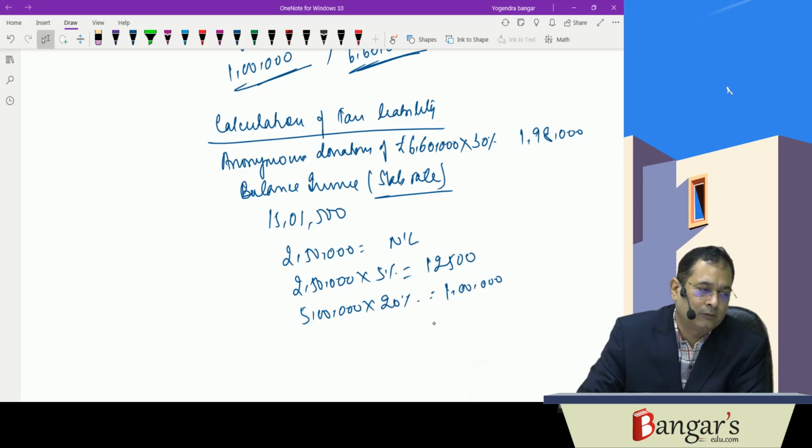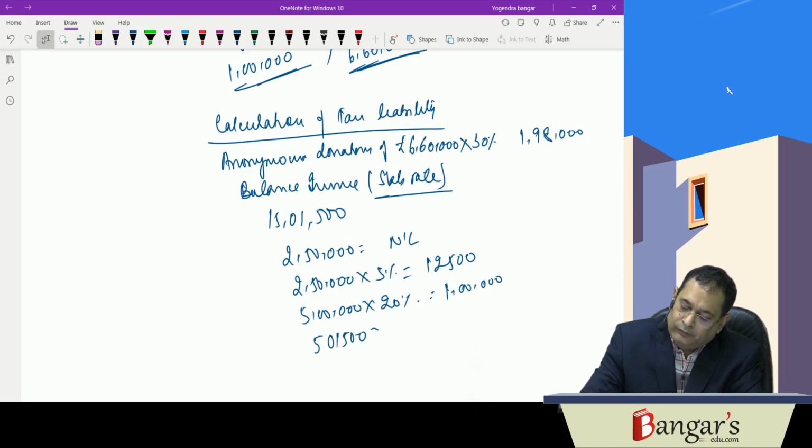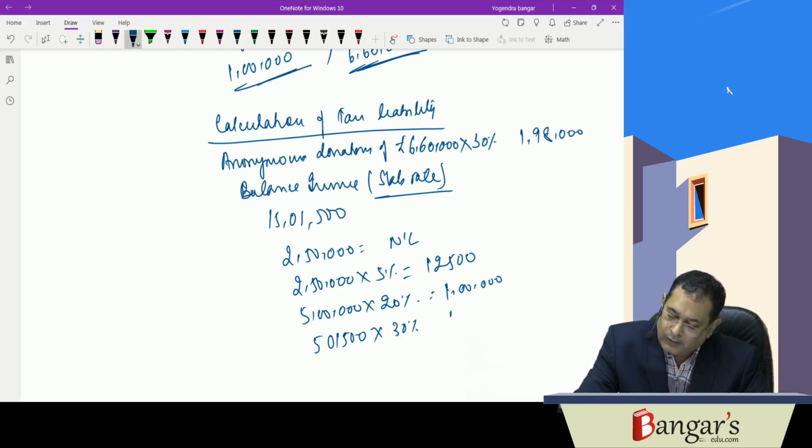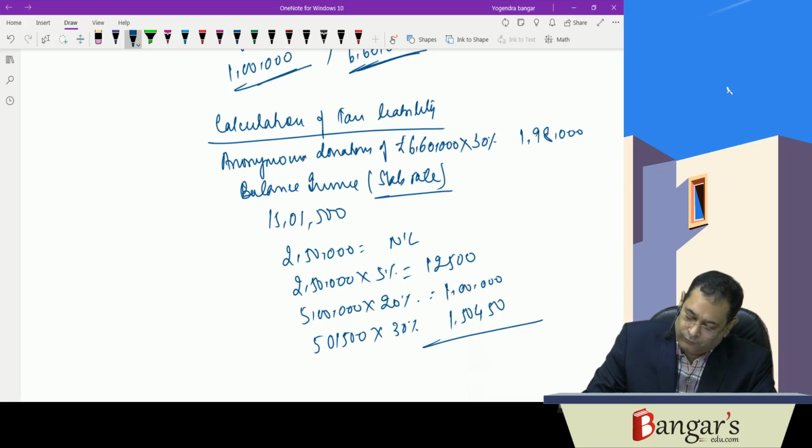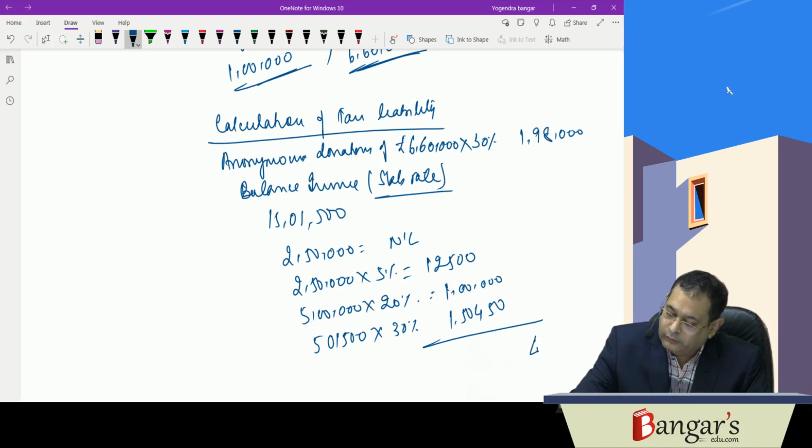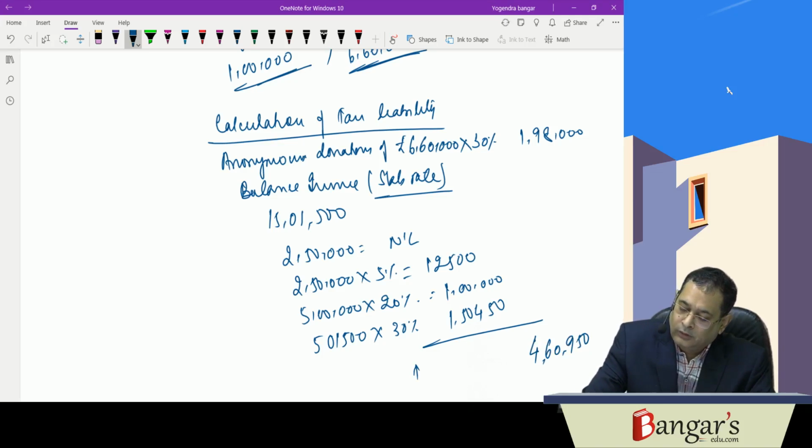And on balance, 5,01,500, it's 30%. 5,01,500 into 30% is 1,50,450. So it is 1,50,450 plus 1,12,500 plus 1,98,000, which is 4,60,950. This is the total tax.